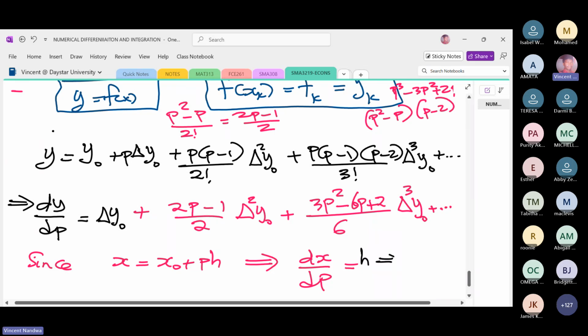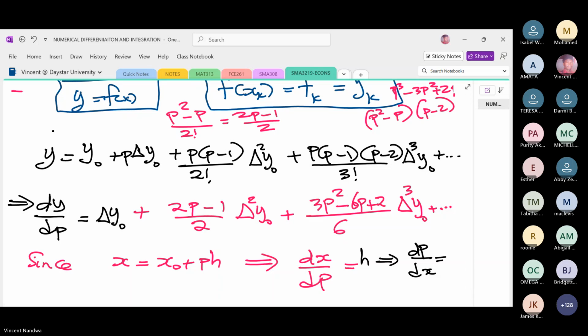Which means dp dx is, if dx dp is h, 1 over h, the reciprocal.